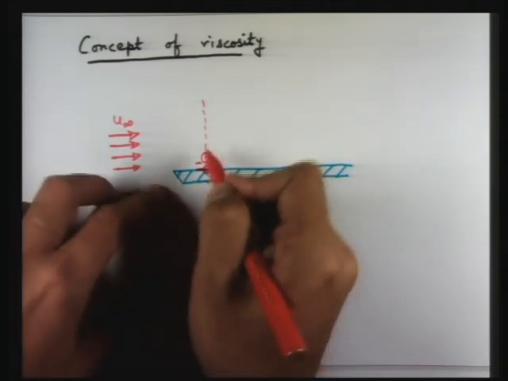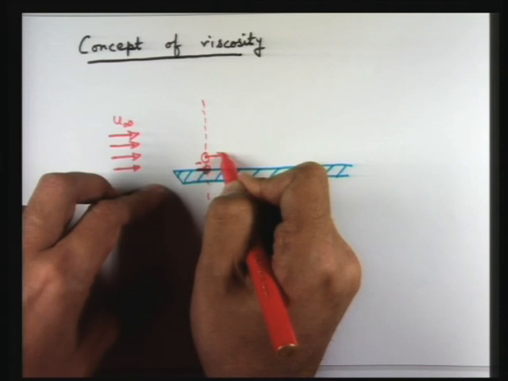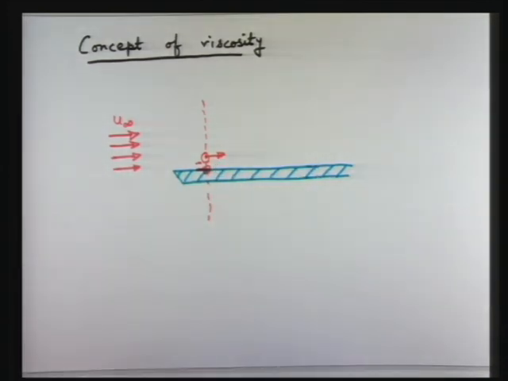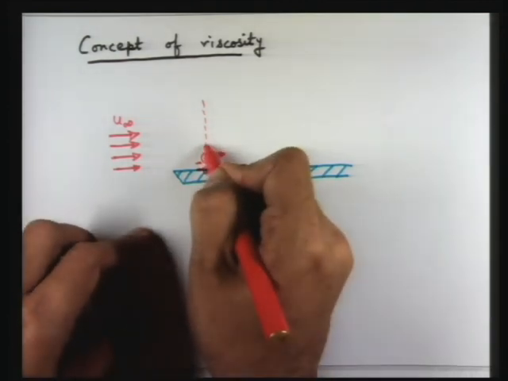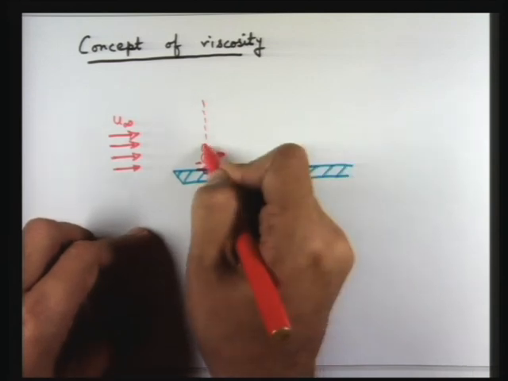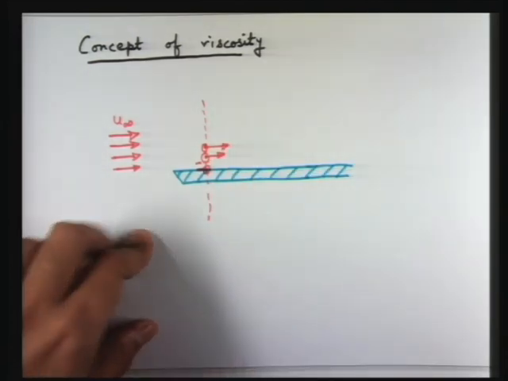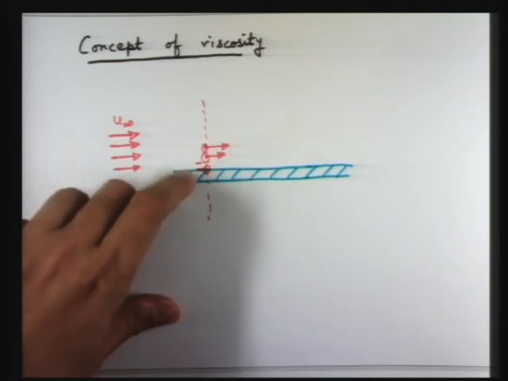So what we can say is that here you can draw a velocity vector where the velocity is less than u infinity. Then if you go a little bit further up, you will get a little bit higher velocity because this is further away from the wall, so it will feel the effect of the wall less.